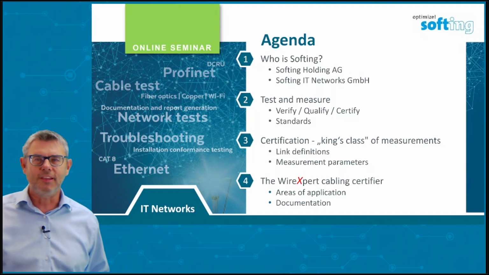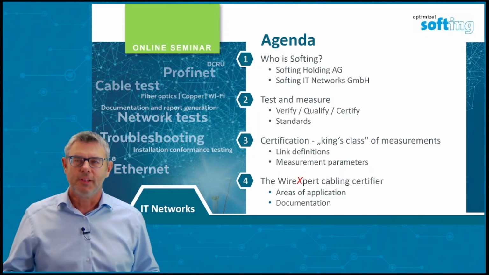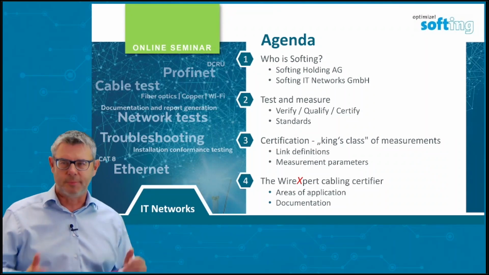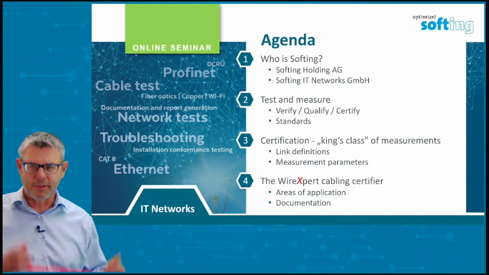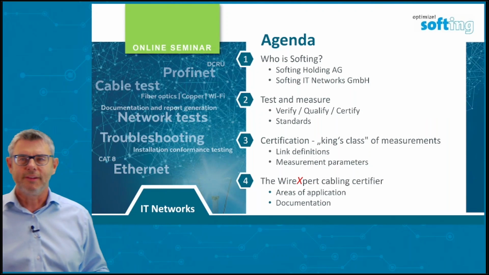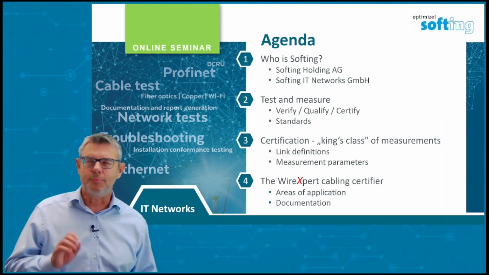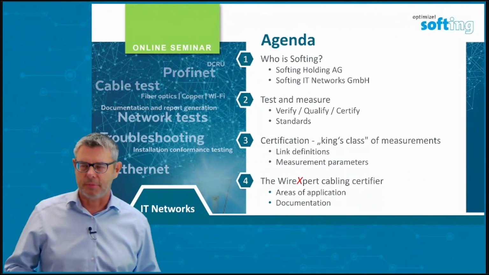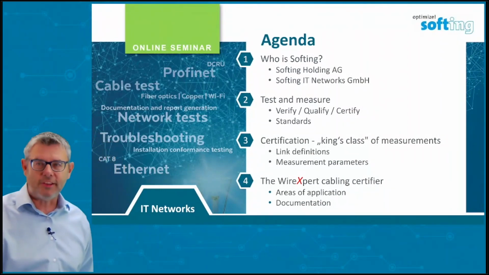I call it the King's class of the measurement, and all the related stuff like link definitions and the parameters we are testing. That will be the main topic of today. Finally, we look very briefly at the instrument that is doing all this nice job, the WireXpert. Okay, that's the agenda of the day.